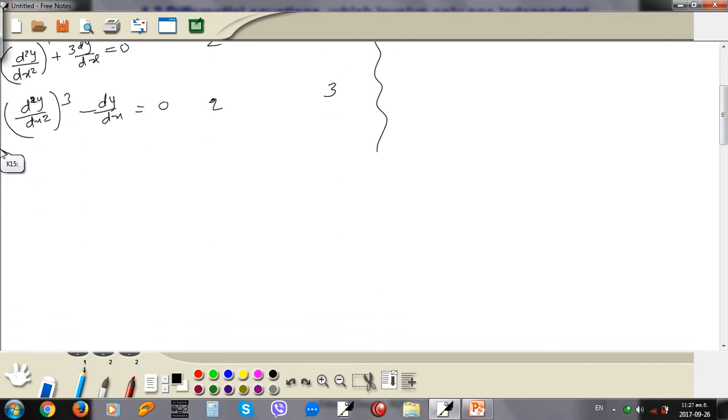If we consider another one like this, (d²y/dx²)^(1/2) − dy/dx = 0. In questions of this form, first you have to remove this half.